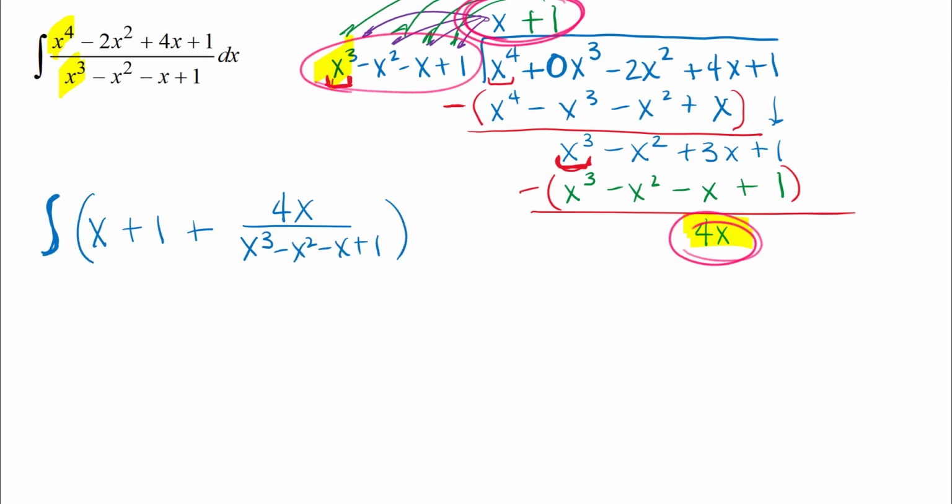Okay, so there is my long division, and what that basically did was allow me to rewrite the original expression in terms of just a polynomial, the x plus 1 out front. That's easy to integrate.